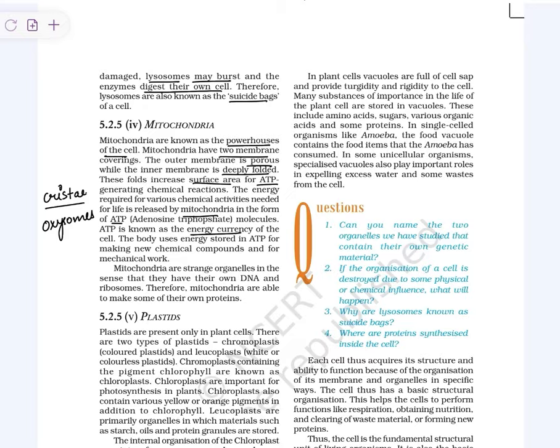Mitochondria are very strange organelles because they have their own DNA and ribosomes. माइटोकॉन्ड्रिया के जो ऑर्गेनल है उसके स्ट्रक्चर में उसके खुद का DNA भी होता है और राइबोसोम्स भी होता है. And it means अगर इनके पास राइबोसोम्स हैं तो they are also the sites for the protein formation.